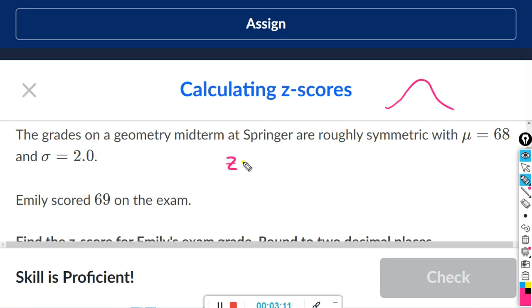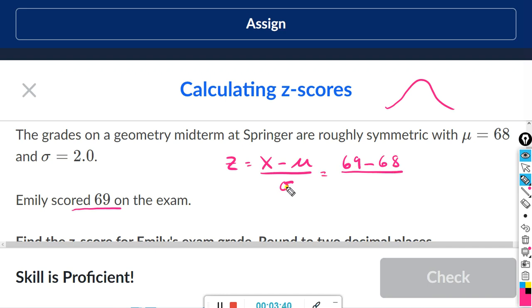Anyhow, we said the formula for z-score is x minus mu over sigma. We said x is the data point. So it says she scored 69, so x is going to be 69. And the mean, or mu, is going to be 68, so it's minus 68.